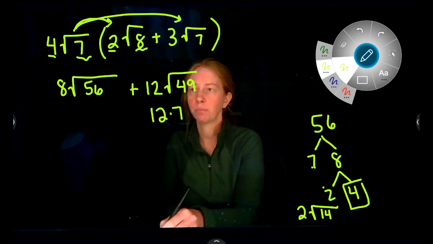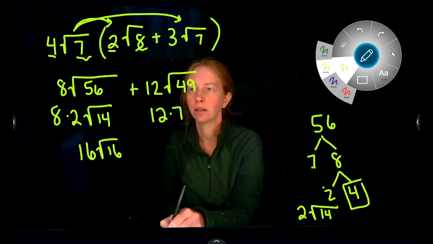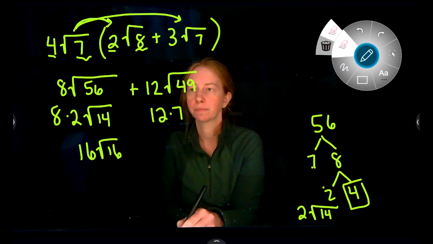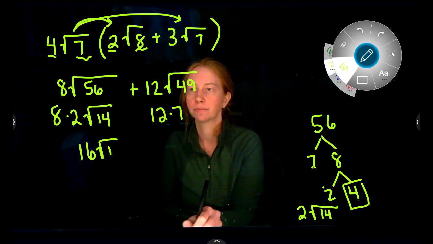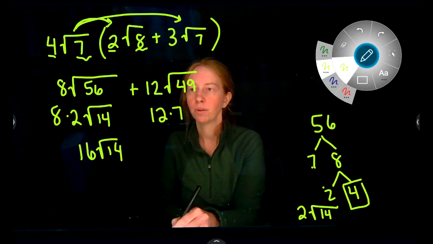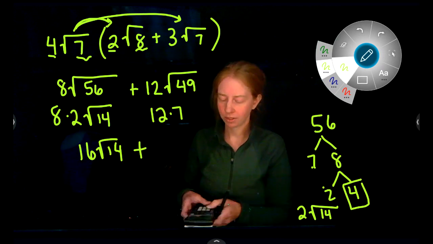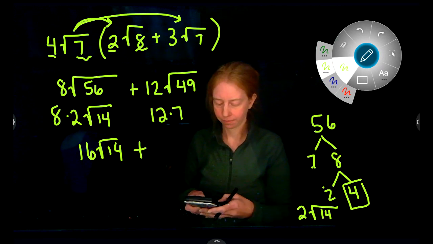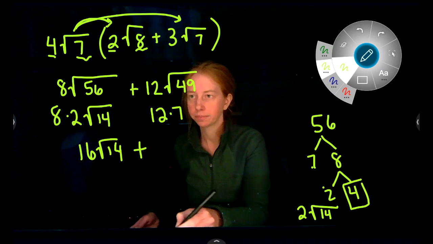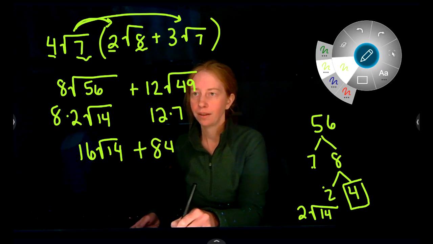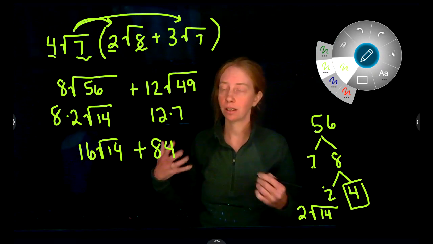And so that's what we'll put up here. So 8 times 2 times the square root of 14. So this is 16 square root of 14. Plus 12 times 7 is 84. And that is our final answer here.